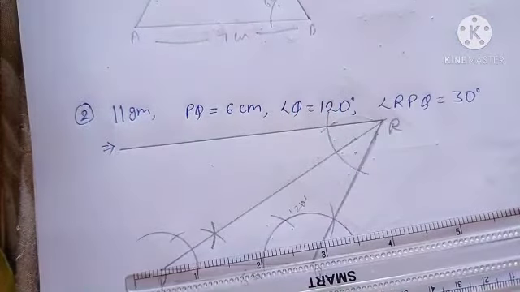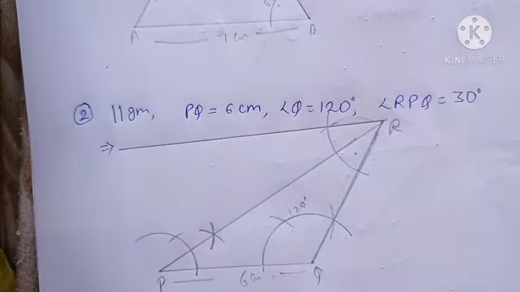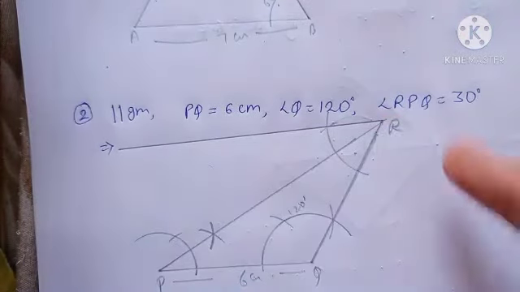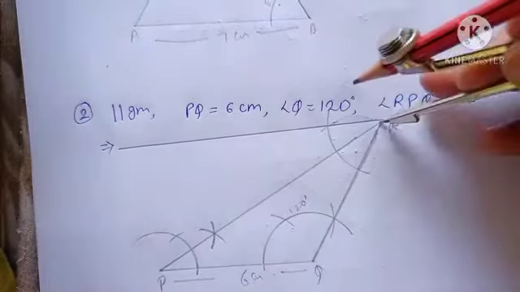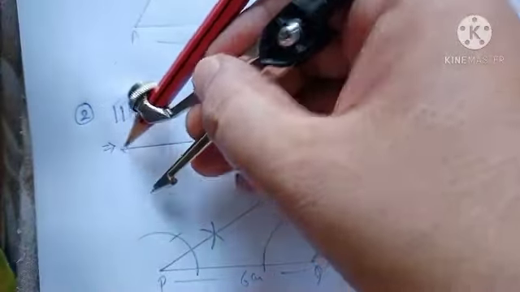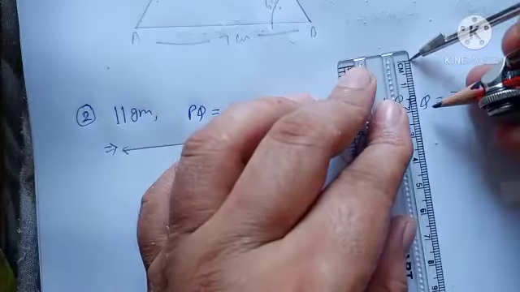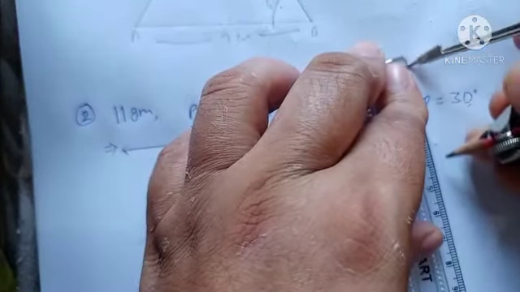Okay, now what we have to do, here you can see this is a parallelogram. So PQ is 6 centimeter, then opposite side is also 6 centimeter. So RS is also 6 centimeter. So we will cut off this ray at 6 centimeter. We will take 6 centimeter as radius.